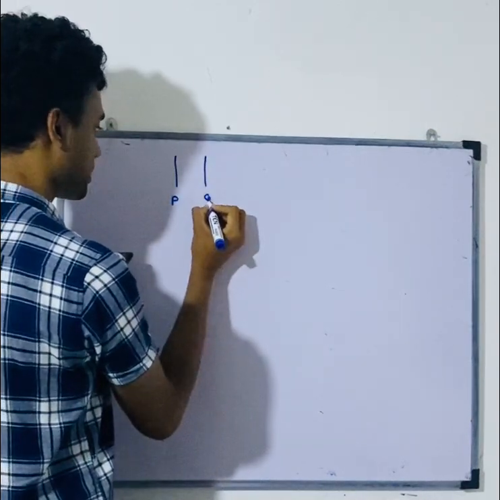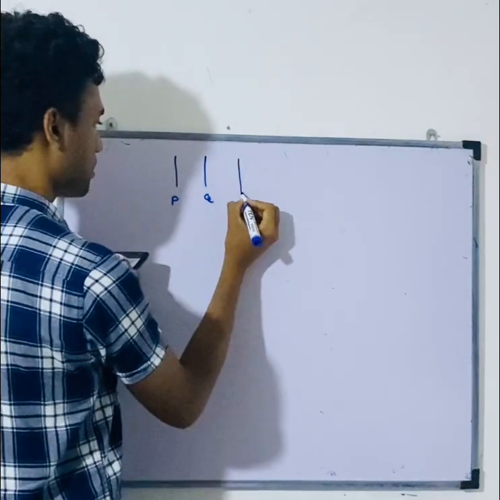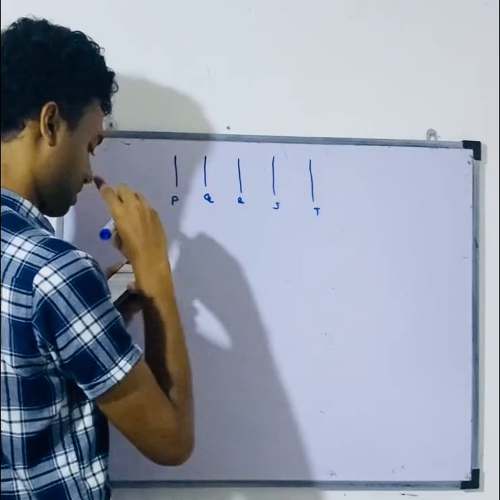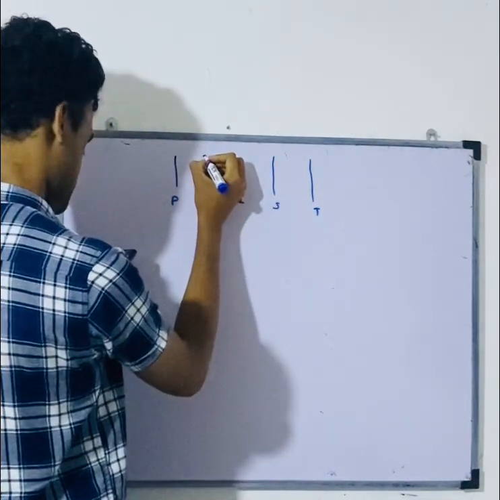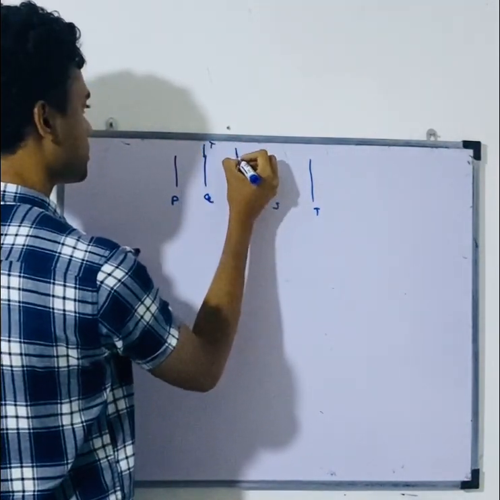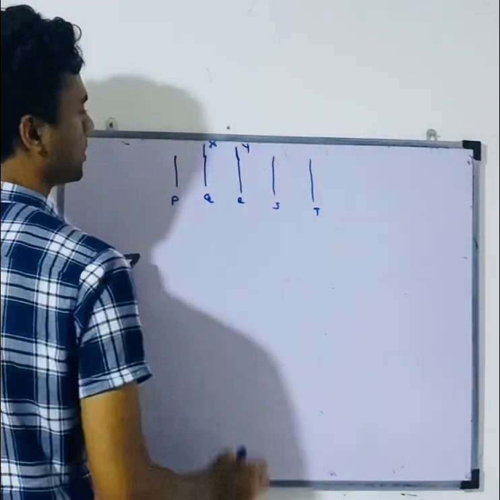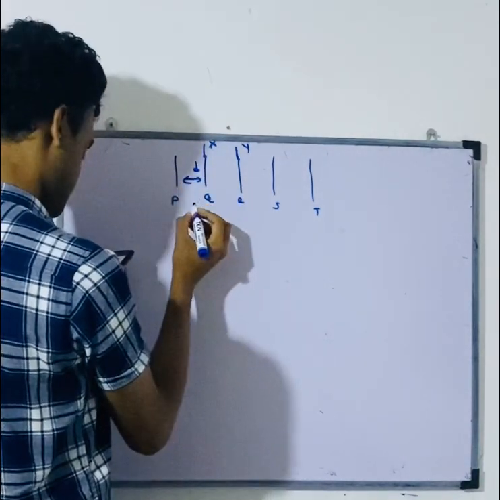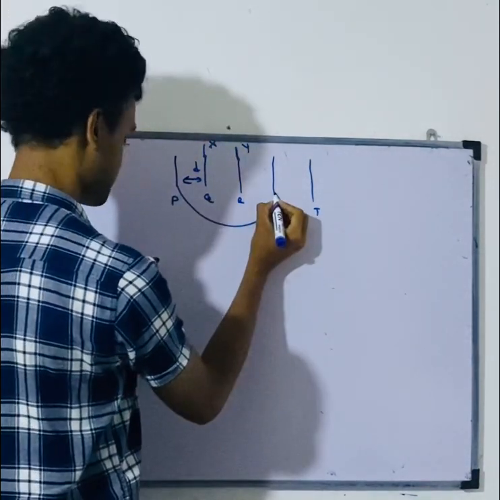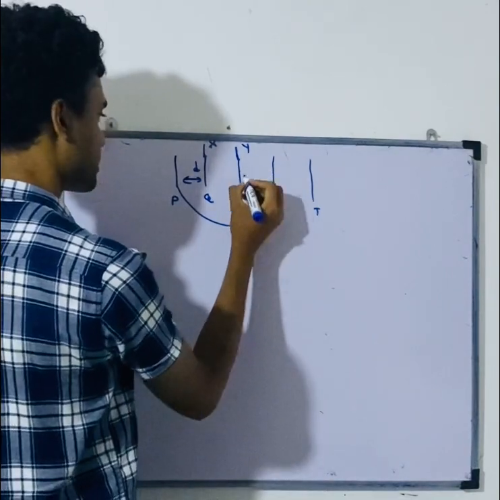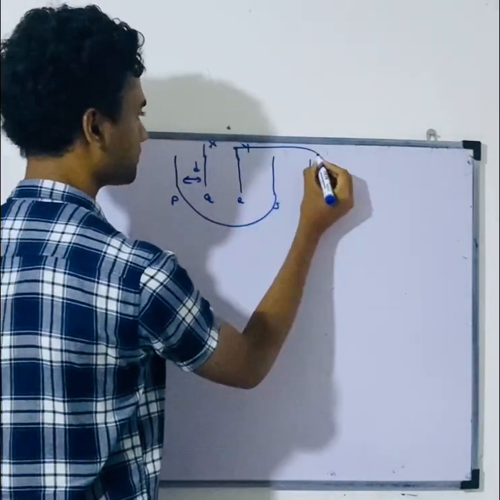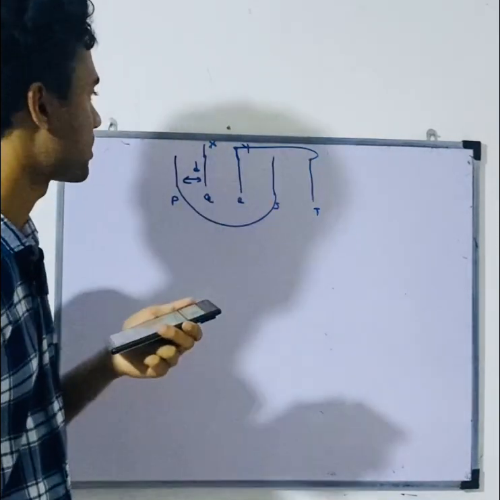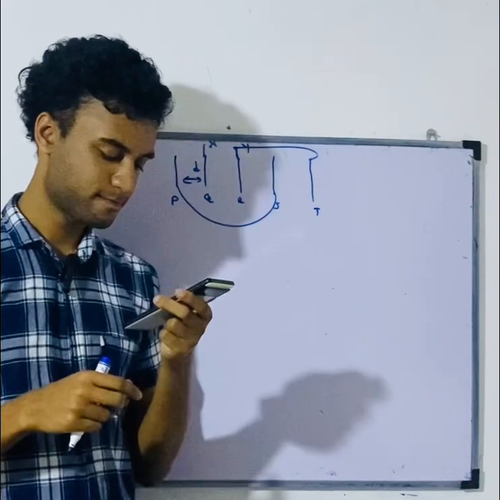Plates P, Q, R, S, T, and I have terminals X and Y, and the gap between them is D. P is connected to S, and R is connected to T. Right. So they're going to ask us the equivalent capacitance between X and Y.